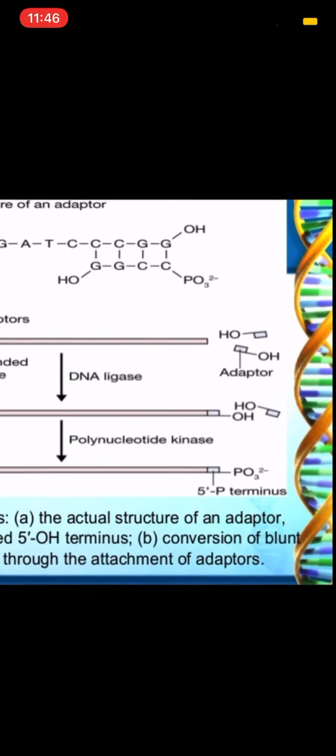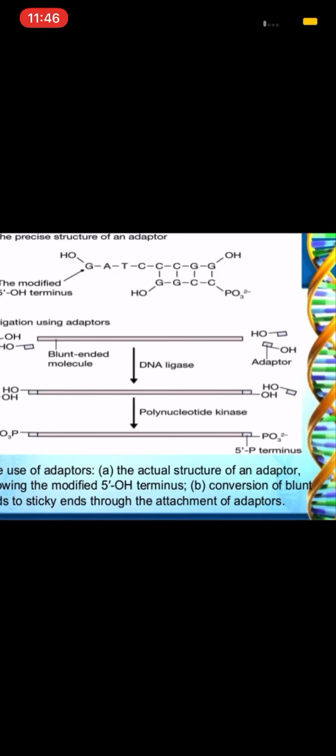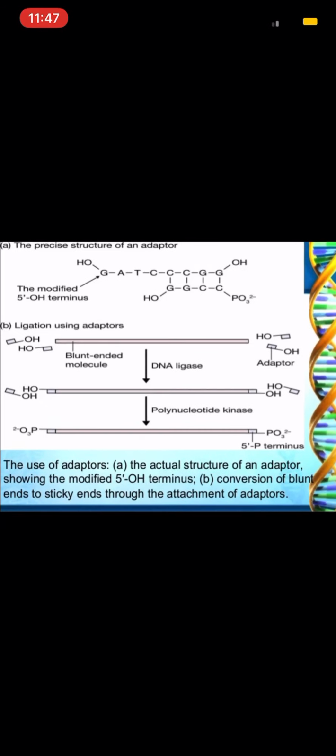This is the adapter. It has a hydroxyl terminal. The phosphorylation is not done at the adapter side, but polynucleotide kinase is used for the phosphorylation.